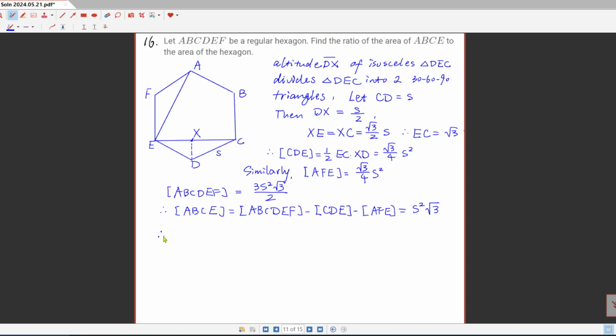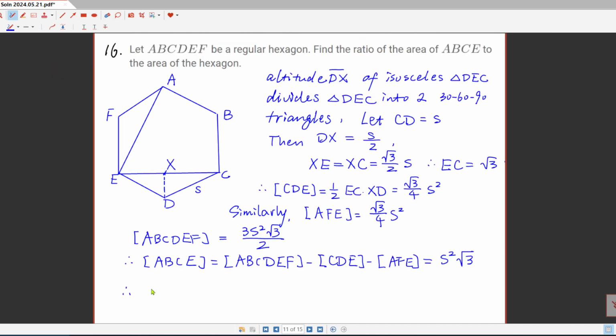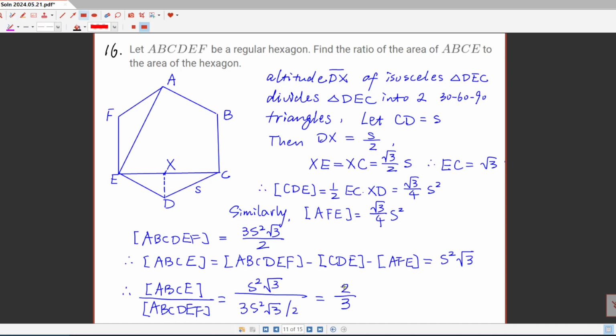And then we can calculate the ratio of the area of ABCE to the area of the regular hexagon ABCDEF. That is S squared square root 3 over 3 S squared square root 3 over 2. And that gives us 2 over 3, right? So the final solution is 2 over 3.